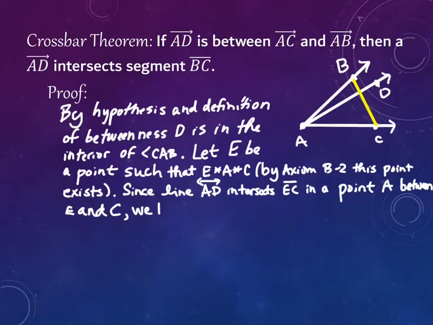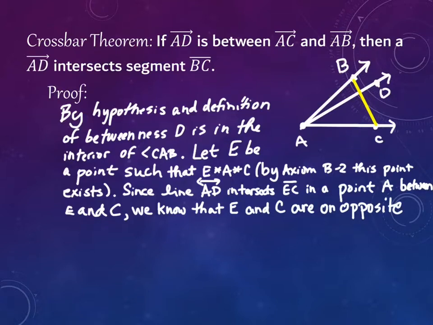We know that E and C are on opposite sides of line AB.